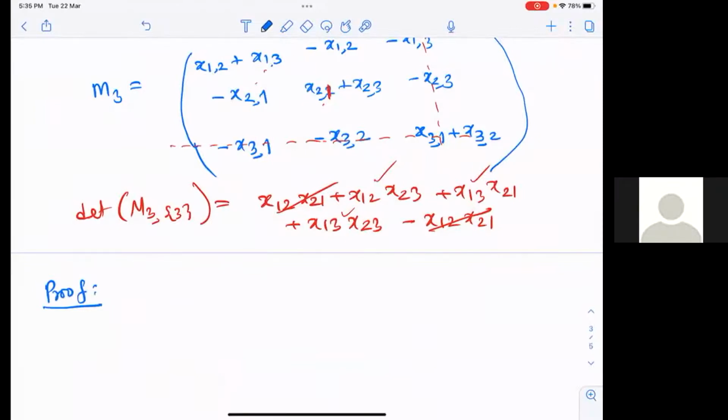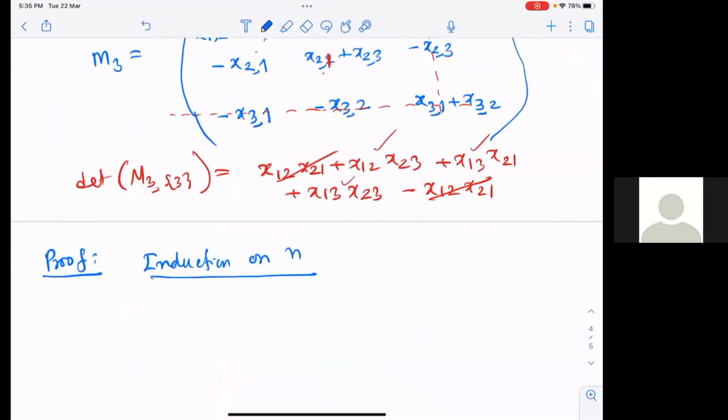So again, we'll use some induction idea. Before we prove that by induction, let's make a few observations, just like we made in Cayley's theorem.